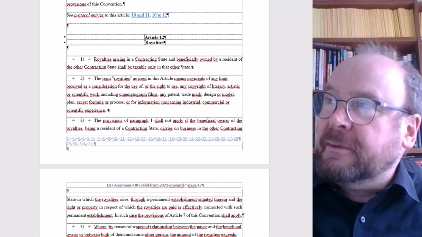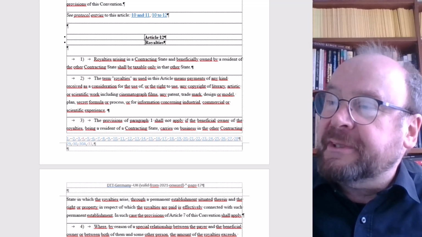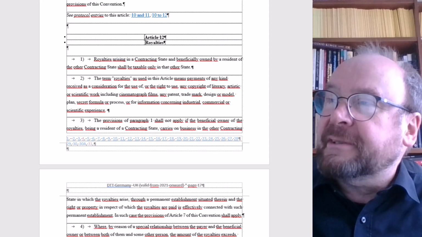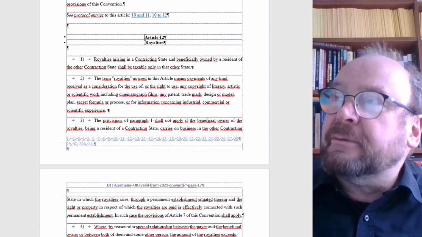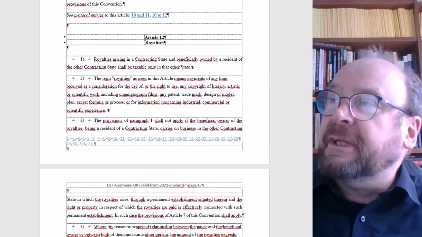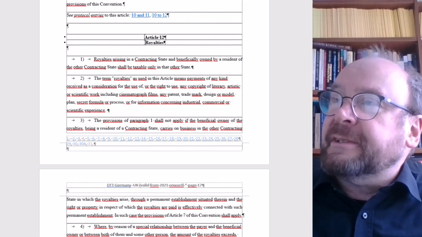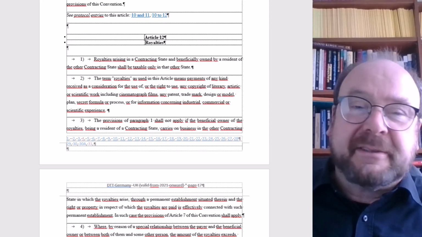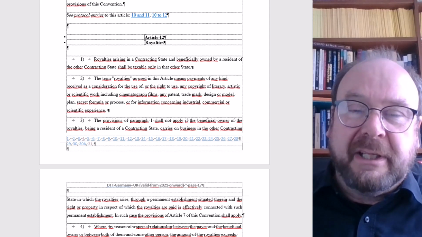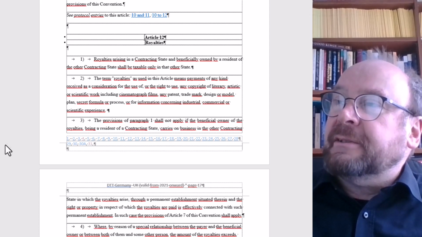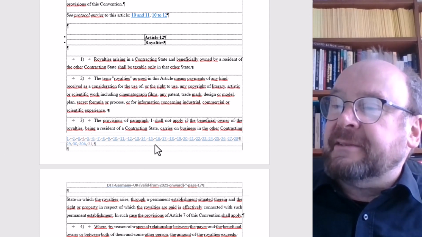So indeed, it's Article 12, royalties, and the basic rule is here 12.1, royalties arising in a contracting state, so royalties paid from Germany and owned by a resident of the other contracting state, so by a UK resident, shall only be taxable in the UK. And nothing else contradicts that.